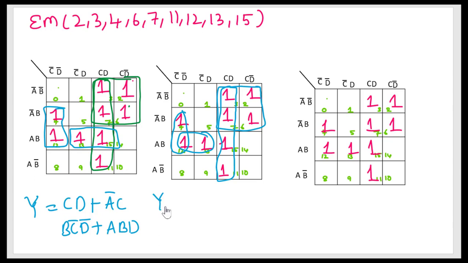Now if you write the expression, the first 2 terms will be the same because you did not change the quads, and for the second 2 terms, this pair will be A B C bar and this pair will be B C bar D bar. This is the second possible solution. Now let's take the third one.